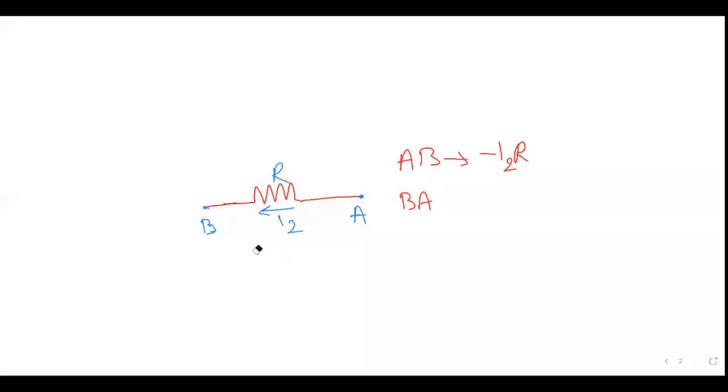For the same circuit, if we trace from B to A, then the direction will be opposite now. From B to A means it is in this direction. If I now compare the direction of I2 with the way in which I am tracing my circuit, from B to A, it is exactly opposite.